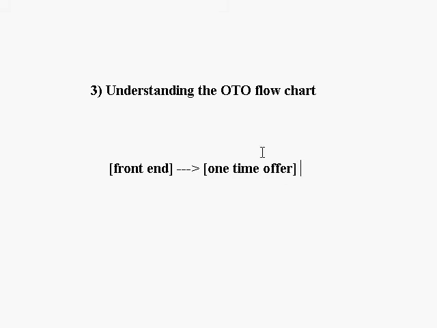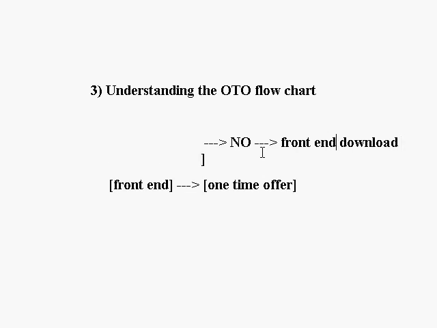There's a point at which, let's say for example, it says yes or no. If the buyer says no, then you still need to forward them to the basic download page, the front end download page.